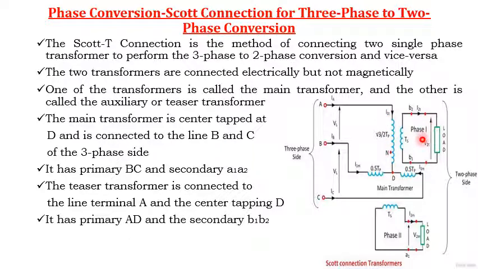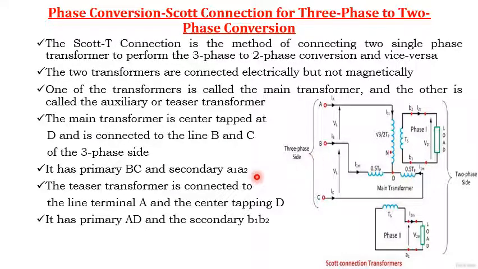Similarly, at the secondary side, the terminal voltage of the teaser transformer is represented as V suffix 2T, and the secondary current of the teaser transformer is represented as I suffix 2T.